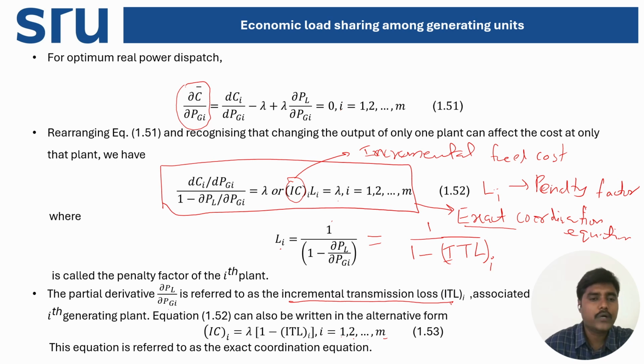In terms of words, we can say this particular condition as follows: whenever we consider the losses, the condition for optimum allocation of loads is that the product of incremental fuel cost with its penalty factor should be the same and should be equal to lambda.